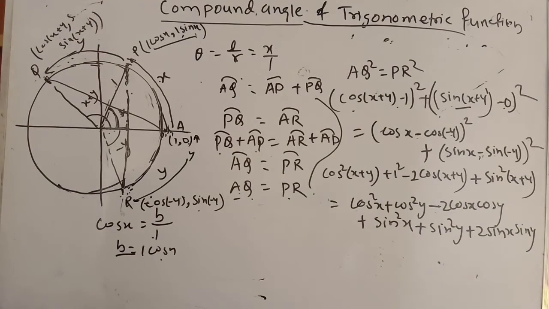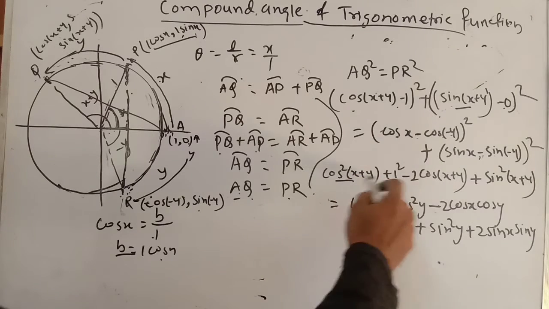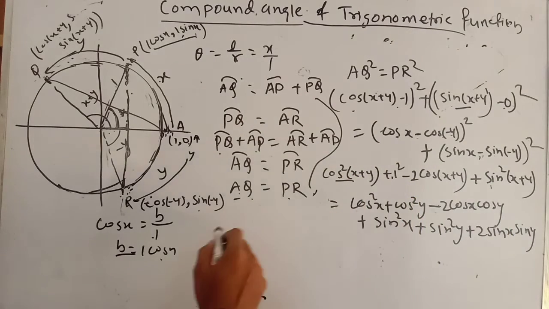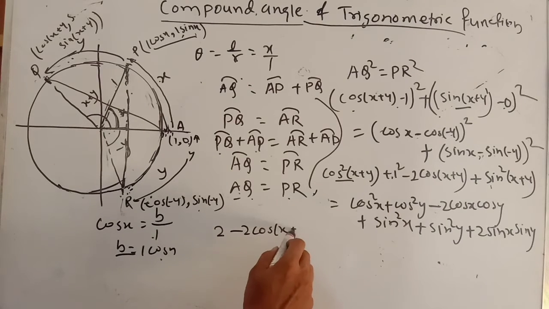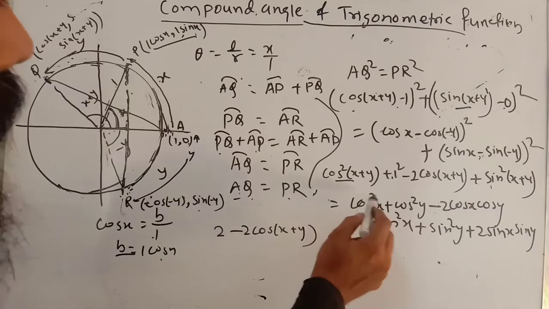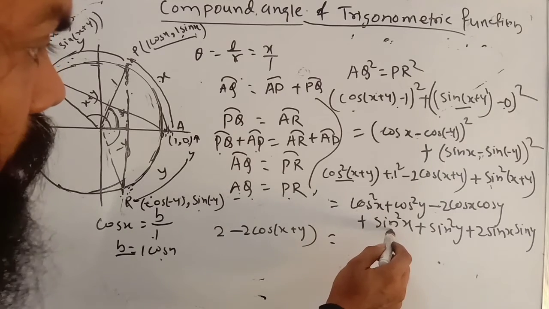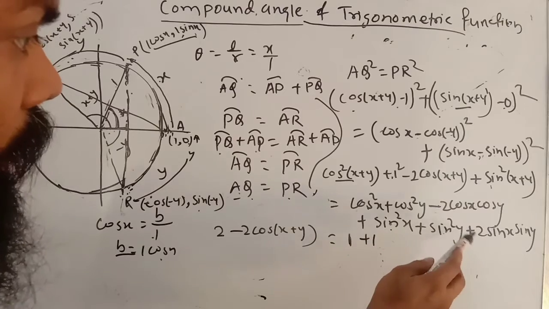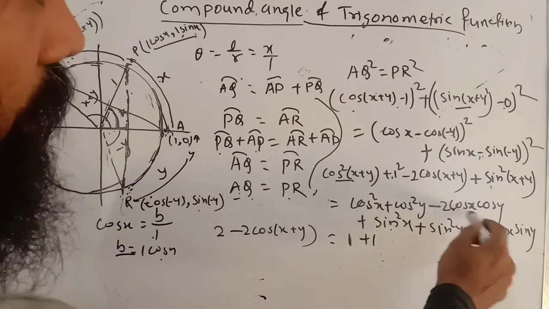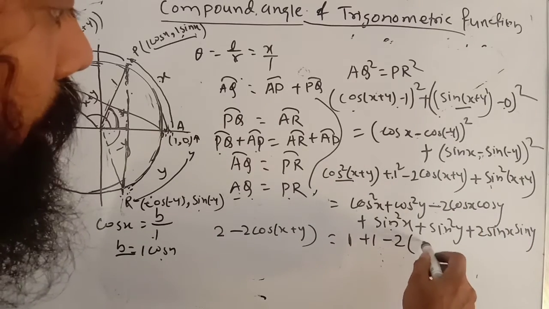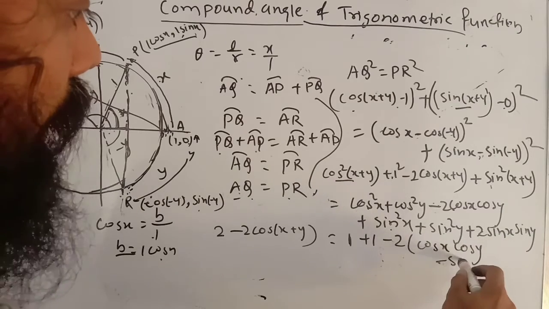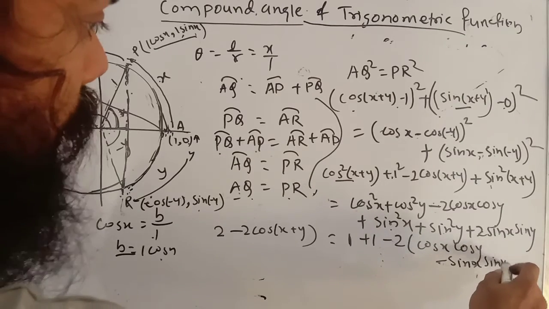Now you can see cos square(x plus y) plus sin square(x plus y) is equal to 1, and 1 plus 1 equals 2. So you can write 2 minus 2 cos(x plus y). Here cos square x plus sin square x equals 1, and cos square y plus sin square y equals 1. So you can take minus 2 cos x cos y minus sin x sin y.